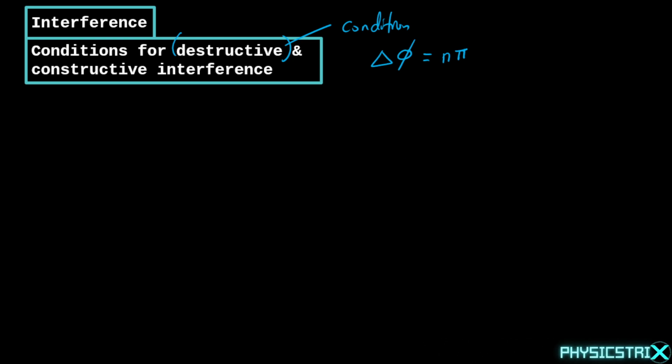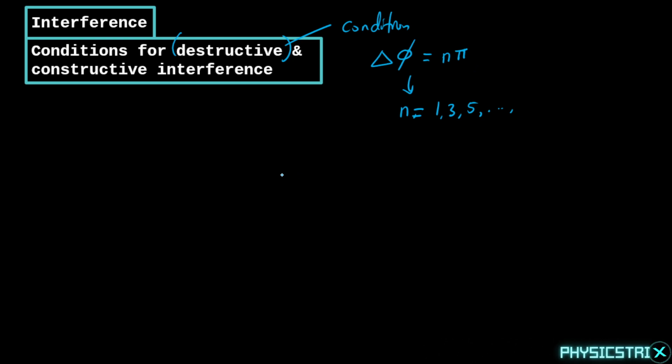Say you have pi, and then 3 pi and 5 pi. So n has to be 1, 3, 5, and all other odd numbers, up to infinity. As long as they're odd numbers, what we have is going to be destructive interference.